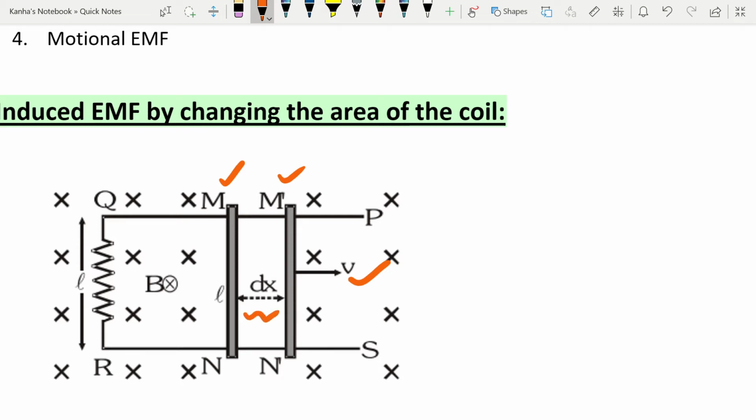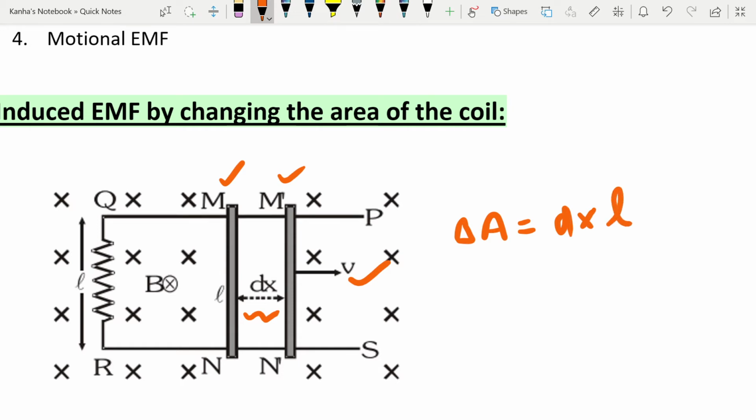Now I need to find the change in the area. So the change in area delta A is given by the distance traveled, which is delta x, into L, which is already fixed.